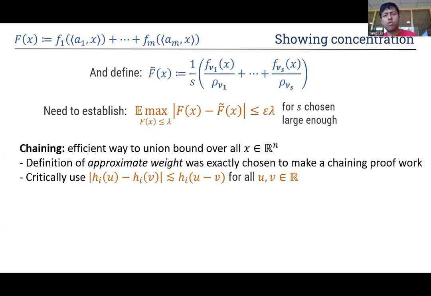The idea is that you can prove that the number of points x where the variance of the sample is large is kind of small. So for these points where this estimator has large variance, you just union bound over them. And then you go to the next level, a higher variance scale, and you bound the number of points with that variance. And you go to the next level, etc. And this gives you a way to union bound over all of R^n. This part of the proof critically uses the auto-Lipschitzness condition.